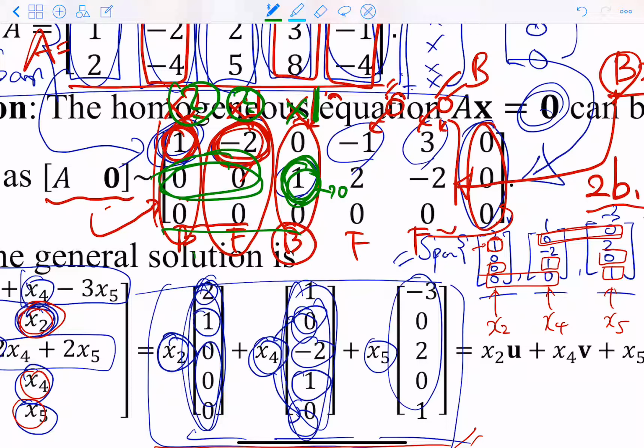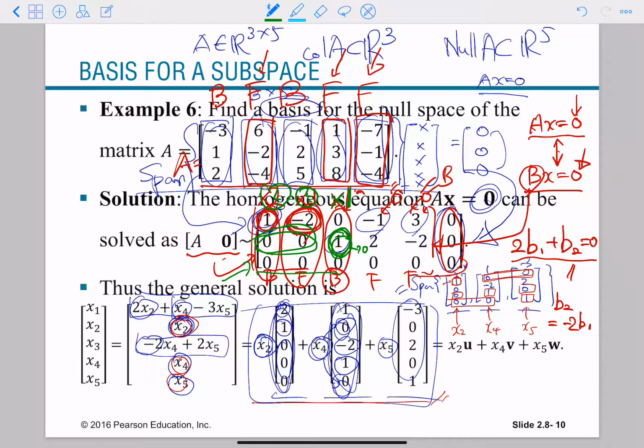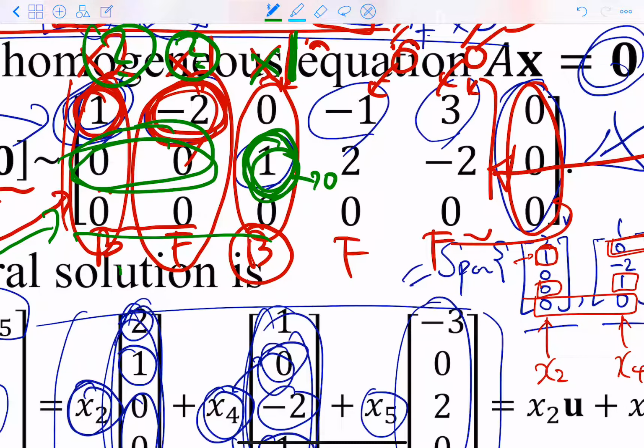But here the point is, we are doing this process on the reduced echelon form, not the initial form, because the two systems, Ax equals 0 and Bx equals 0, maintain exactly the same solution set, okay? So this form is an easier representation to think of the solution, whether the solution is possible or not.